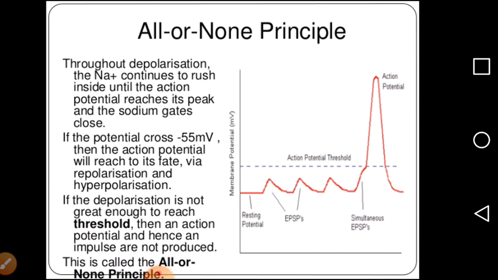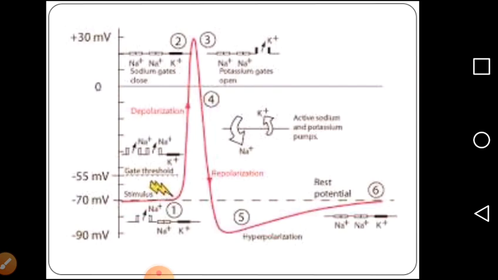If the depolarization is not great enough to reach threshold, then the action potential, and hence an impulse, is not produced. Basically, threshold is required for an action potential to be generated. If the threshold is not reached, no action potential will be generated. This is called the all or none principle. Either an action potential will occur or it won't.